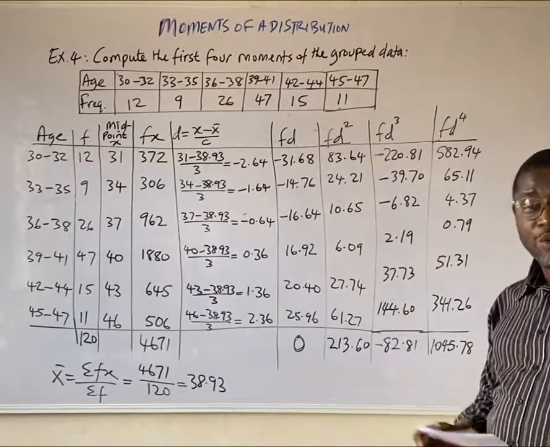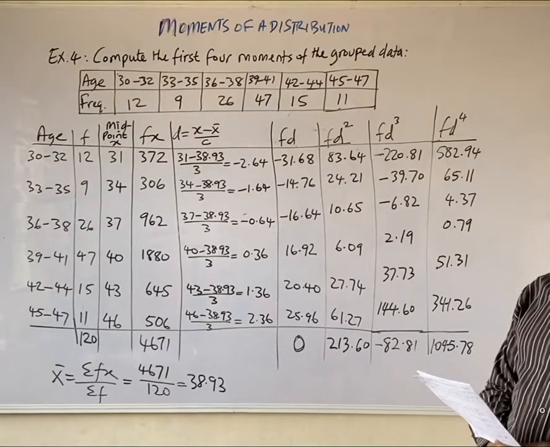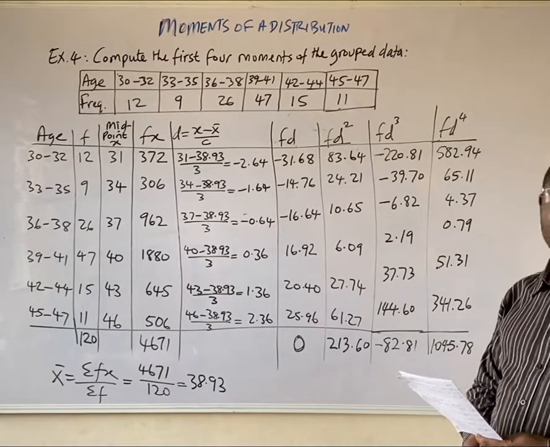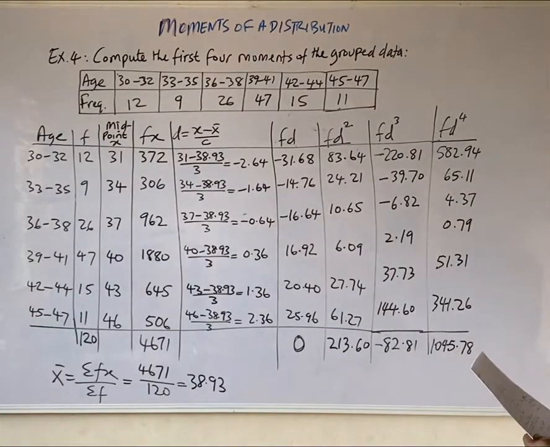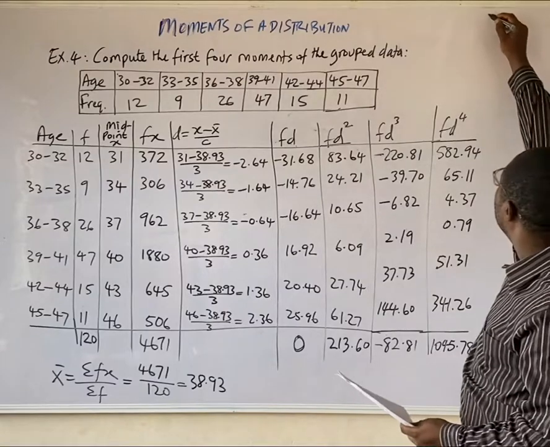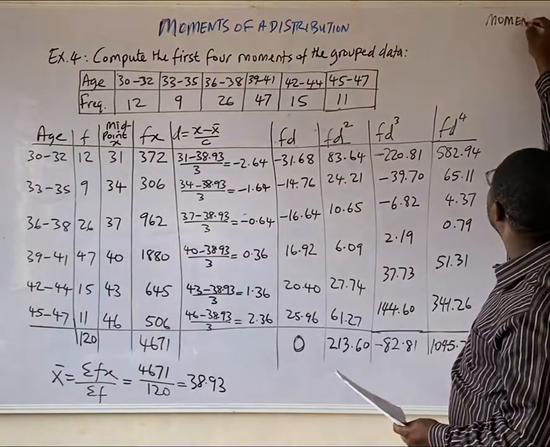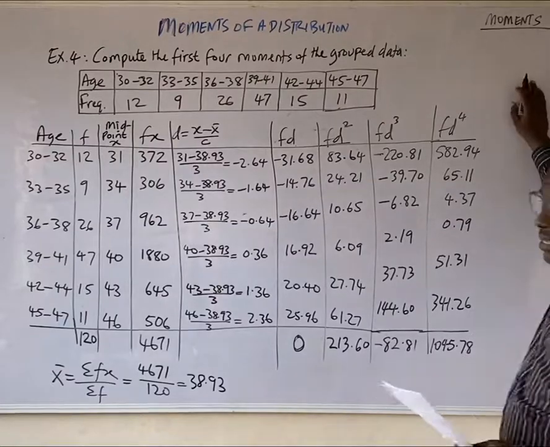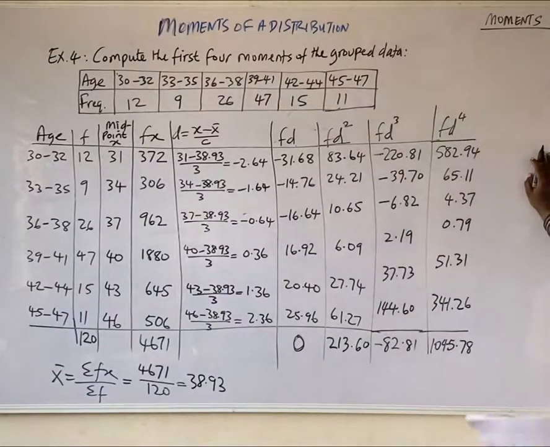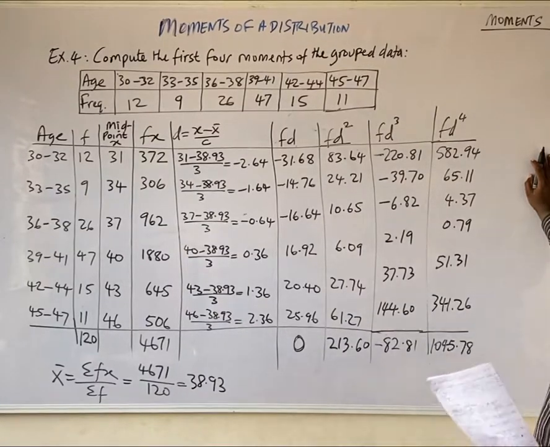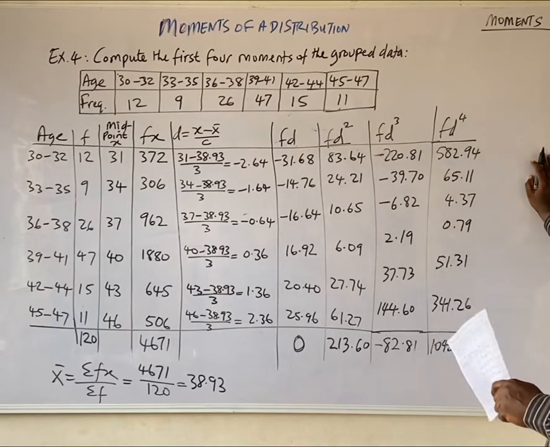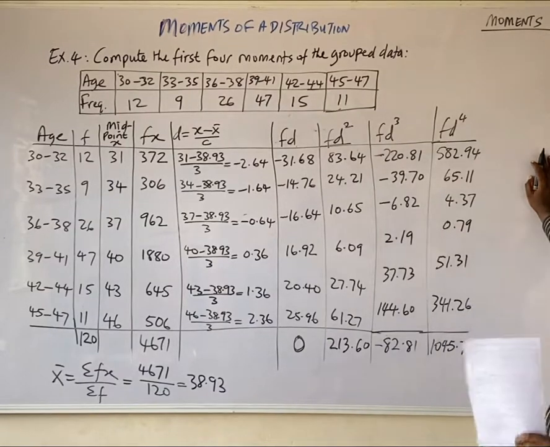What's the next thing we do to round up this class is to find the moments. I will need some space, but I'm going to manage this side of the board. Now, to find the moments about the mean of a distribution for group data, our formula will slightly change.